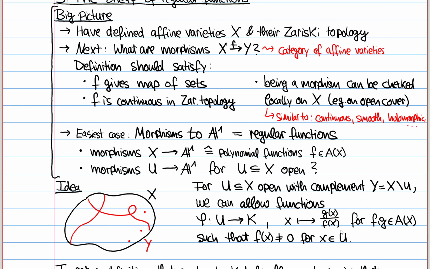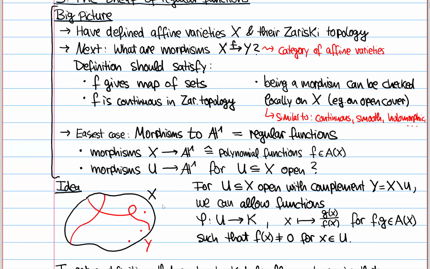And that is then the condition that this f of x should not vanish for all points on the open set U where you want to define your function. But if you ensure that, then you can allow such things. And you see, this is really the first time that we explicitly use that our target K, which has the values of the function, has this division.